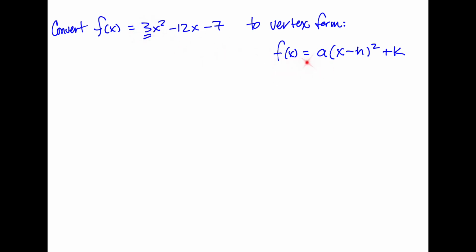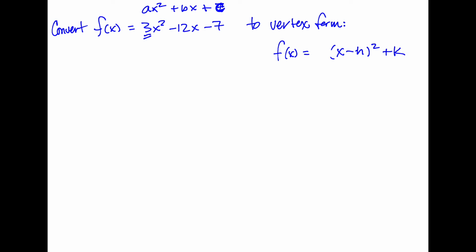We keep those variables the same in the general form for a very specific purpose, because they will be the same once we convert it. So we see c is negative 7, b is negative 12, and a in this case is 3.